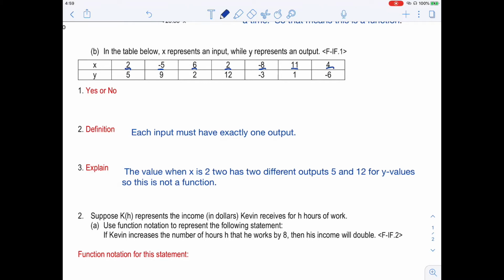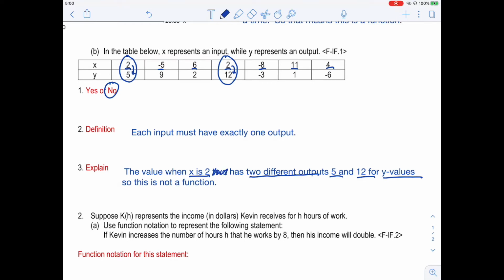Now if we look at the only repeating x's, these two values right here, if 2 goes to 5, and you have another 2, it has to also go to 5, but it doesn't. It goes to 12, so it goes to different values. So each input does not have exactly one output. So this is going to be a no. The value when x is 2 has two different outputs, 5 and 12 for your y values.